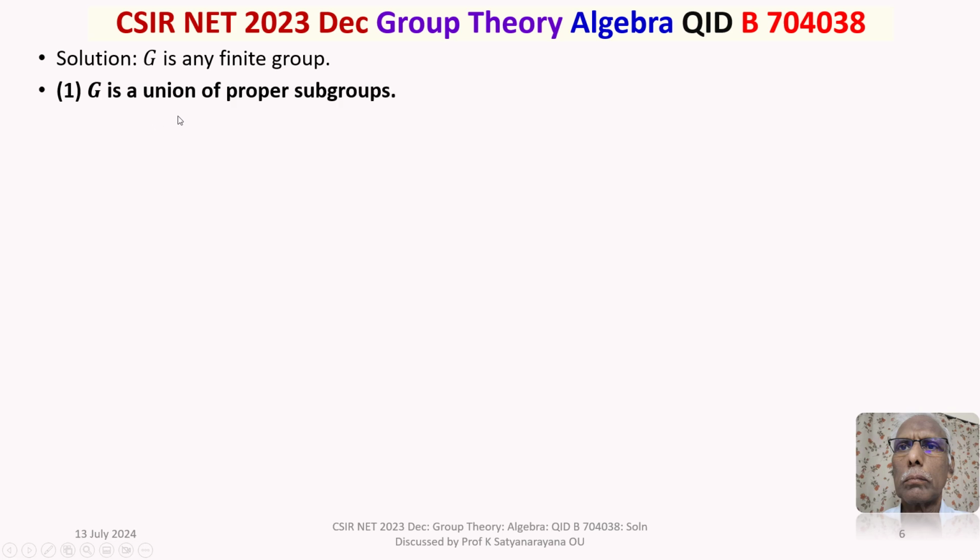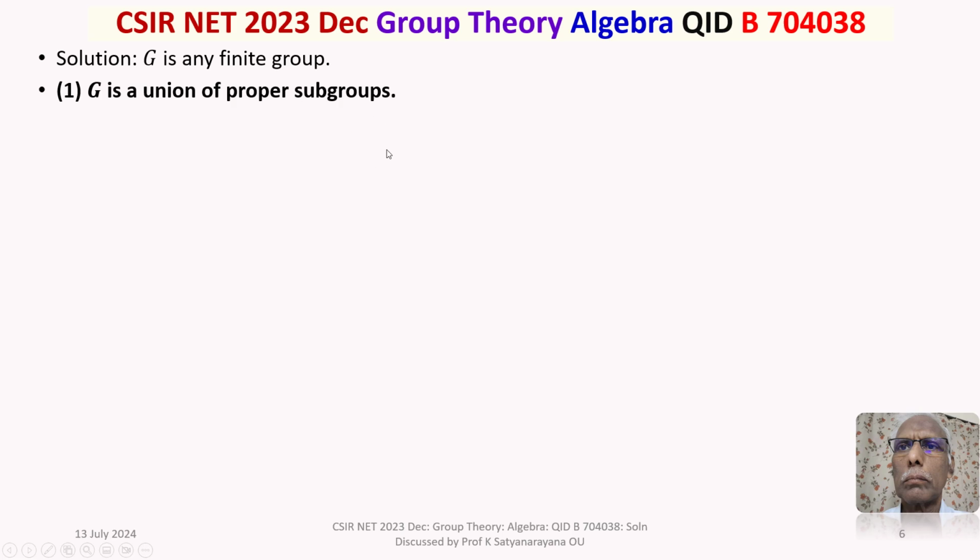G is a union of proper subgroups. Is it true in the general setup when G is any finite group? No. In some particular cases, this is not true. So this is not true in the general setup.